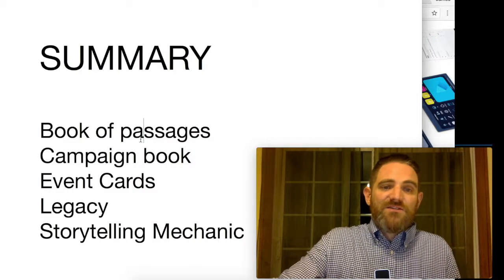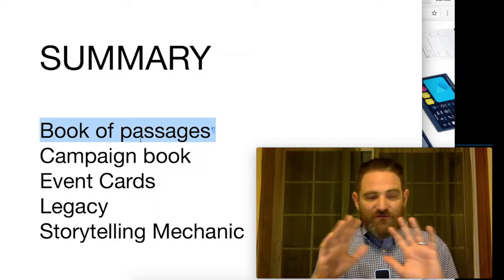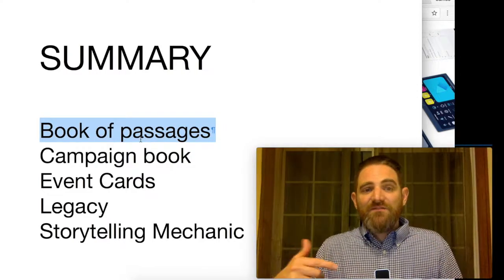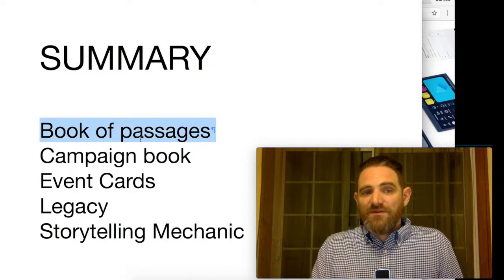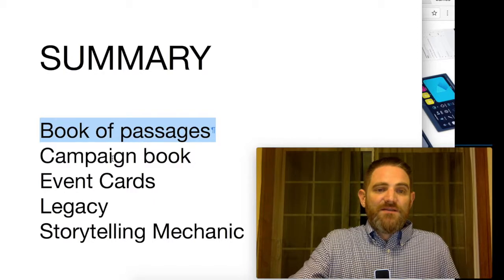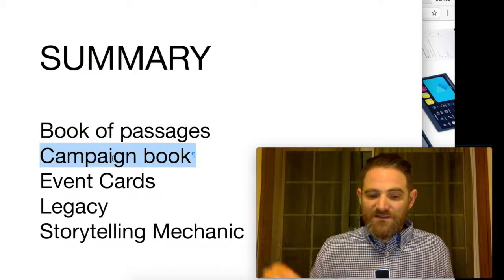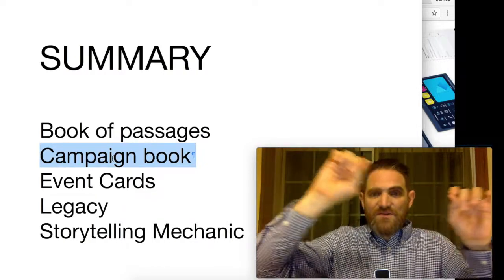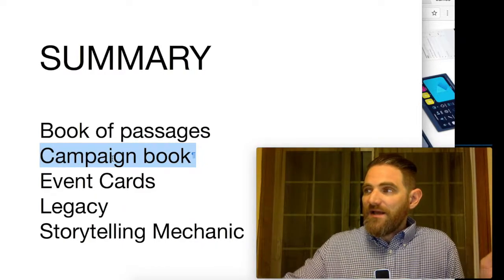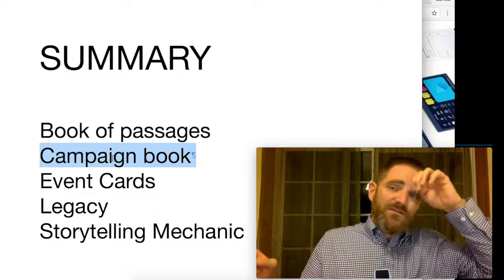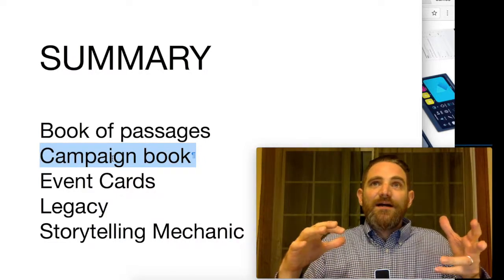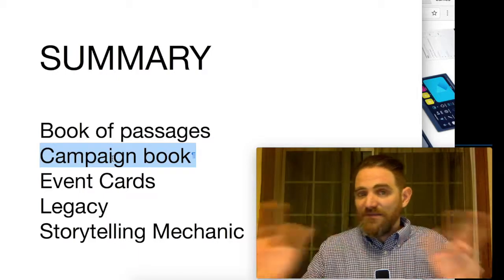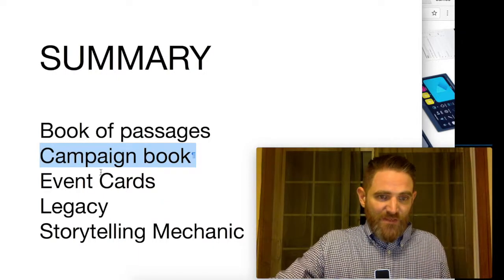One is the Book of Passages, which is just a book of numbered passages, which one way or another get activated, and someone will read a chunk of story when you get to them. Another is a campaign book, which is, in a modular setup game, you can have a bunch of scenarios and then string them together in some way that creates a larger arc, or you can just have a scenario book that adds some kind of plot twist in the middle of the game, like Betrayal at House on the Hill.